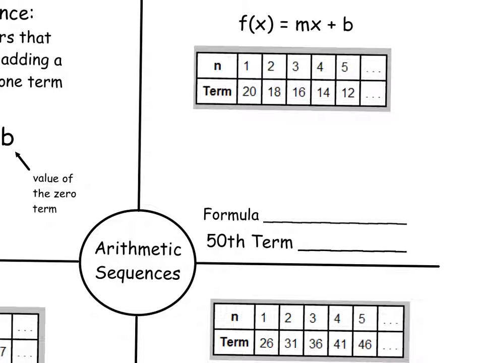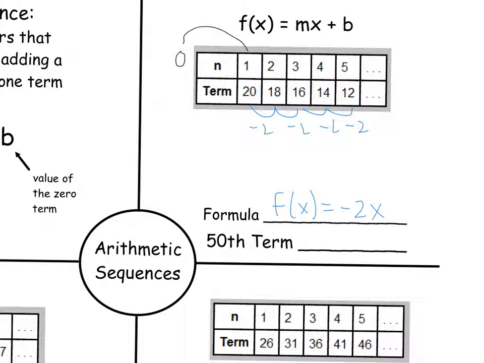Let's write a formula for the sequence and determine the 50th term. So as we look at the sequence, we can tell that the sequence is subtracting 2 each time. So for my formula, I am going to write f of x equals negative 2x, because negative 2 is the common difference, and then I actually have to find the zero term, so I have to work backwards.